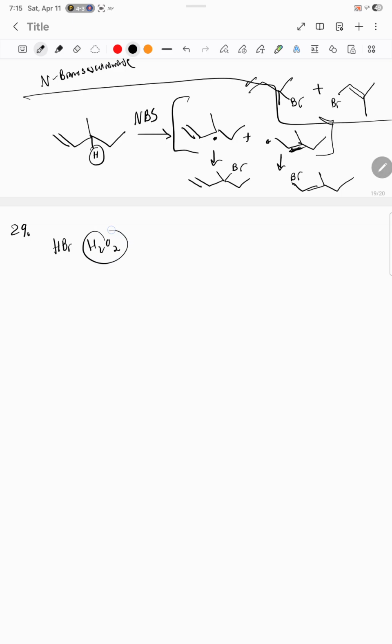We need peroxide and we need the hydrogen halide, and this will result in anti-Markovnikov radical addition. Note that this is a radical addition. Only HBr is possible for anti-Markovnikov radical addition. Only HBr, not HCl.